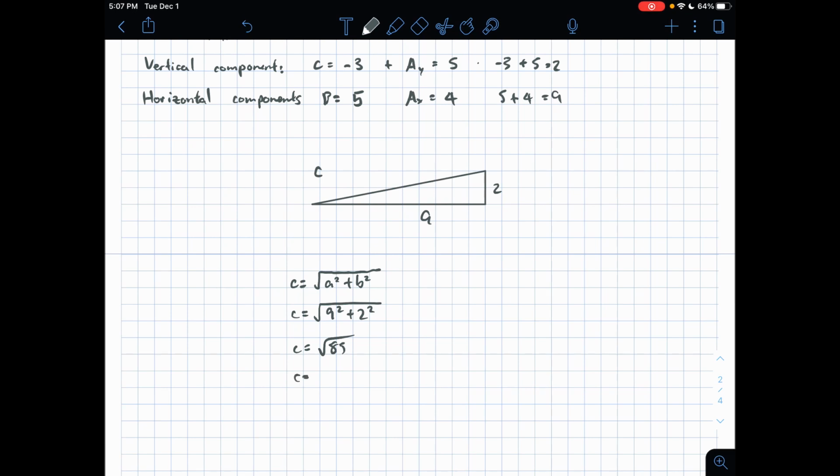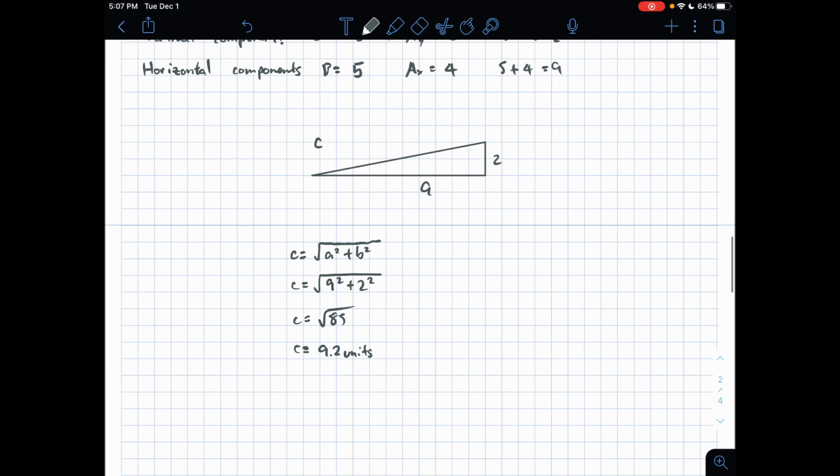Square root that, and we get 9.2. So that's 9.2 units. Don't forget your units, guys. That's really important, and you can lose a lot of marks for not having units.